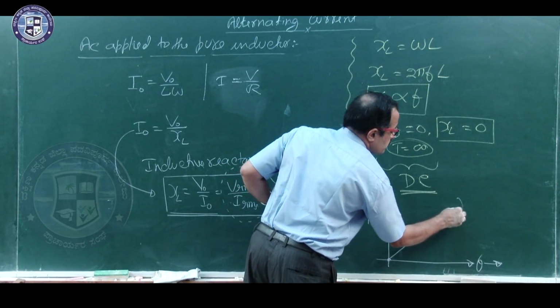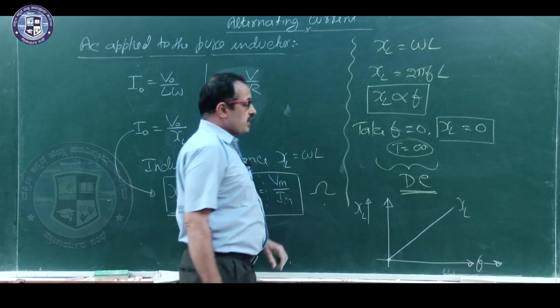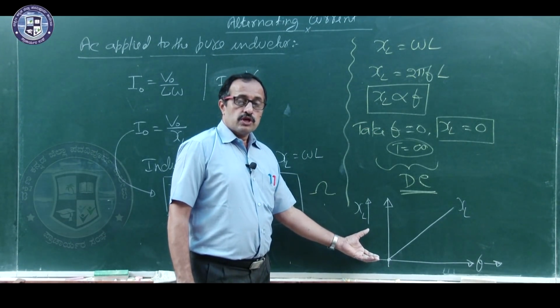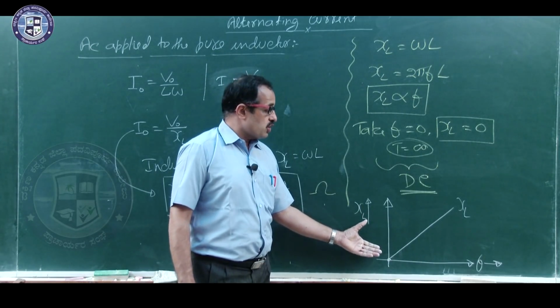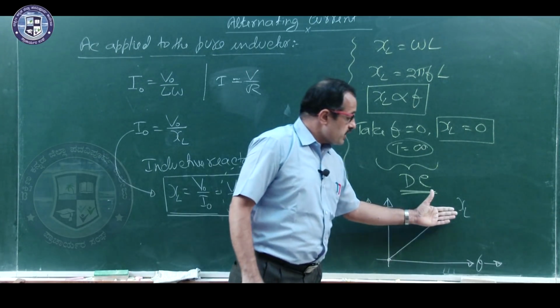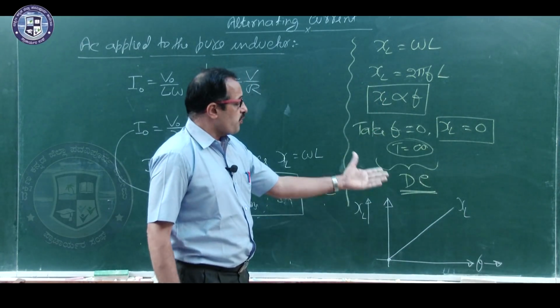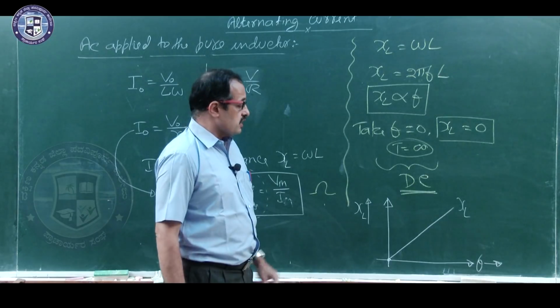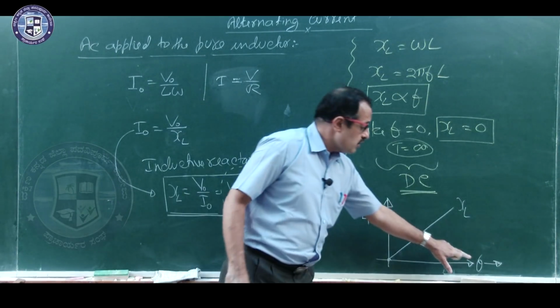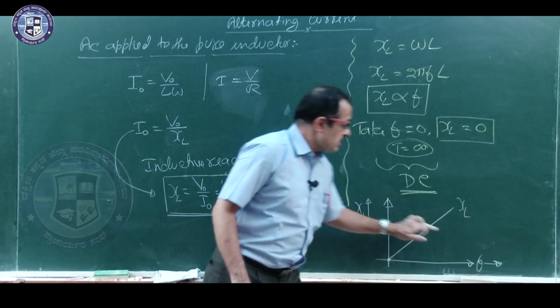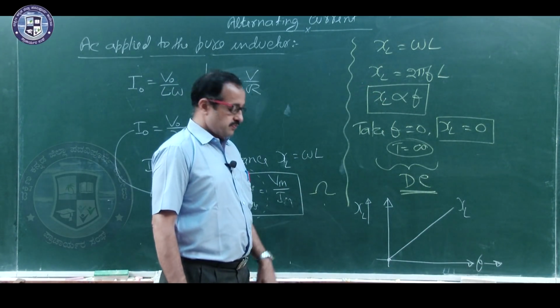This is the graph. And in the annual exam, you can expect this graph for 1 mark. Give the graphical representation of variation of inductive reactance with the frequency of AC. Just plot this graph, do not explain anything, but mention the x axis and y axis. What are the values taken along the x axis and y axis?